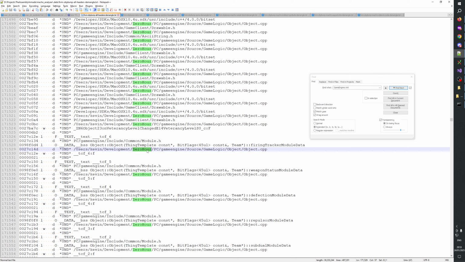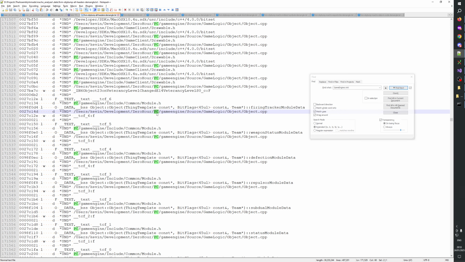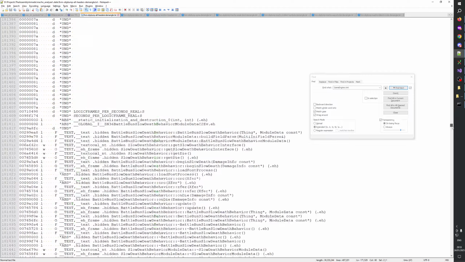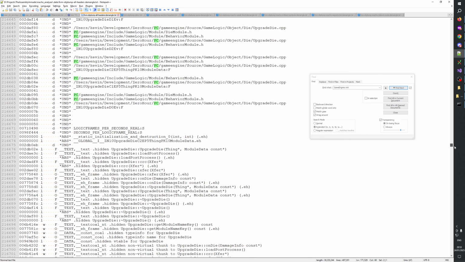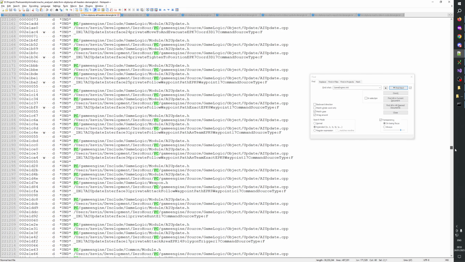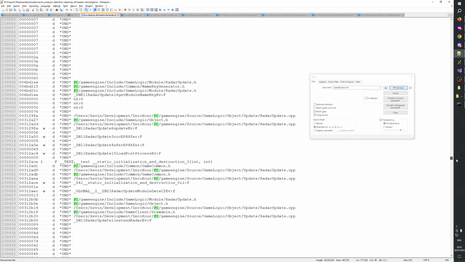I wonder, where does this path actually start? Does the path start at game engine or already at PC? Let me see. Let's search for users Kevin.